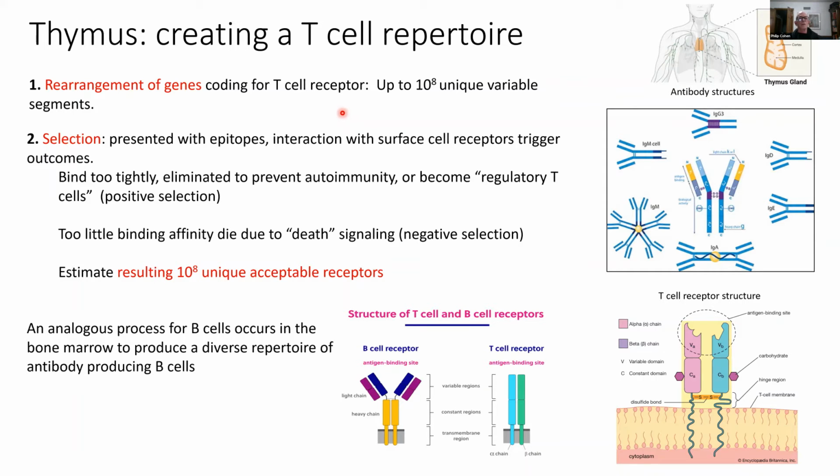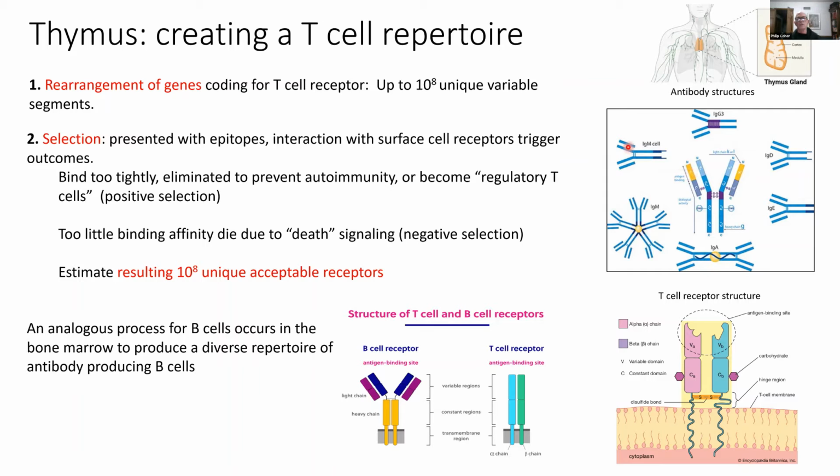We're talking now about T cells, so it's the T cell surface receptor. So the rearrangement of the genes now creates a whole bunch of cells that have coded for a variable protein structure in the part of their structure that I showed you that's the variable region.